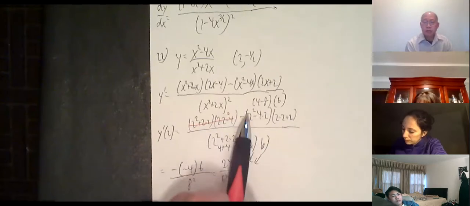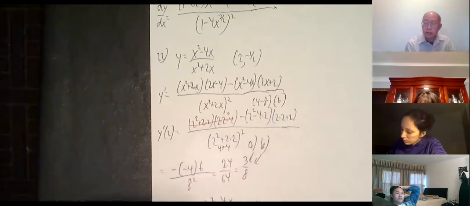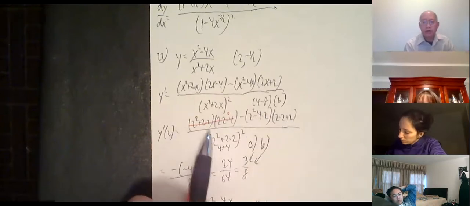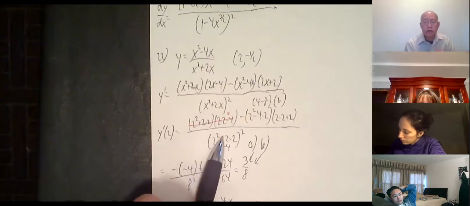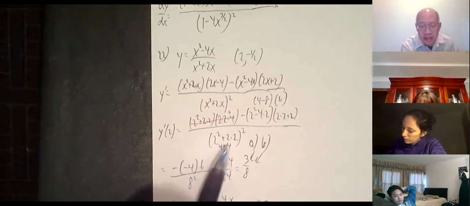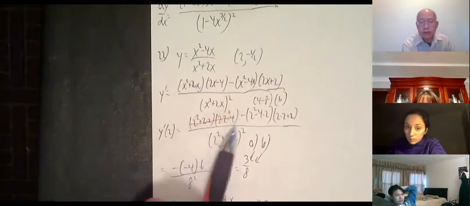Minus 2 squared minus 4 times 2, parentheses, 2 times 2 plus 2, all over 2 squared plus 2 times 2. And that comes out to be 4 plus 4, so the bottom is going to be 8 squared. So what do I have on top?